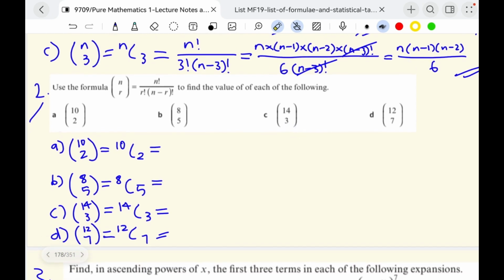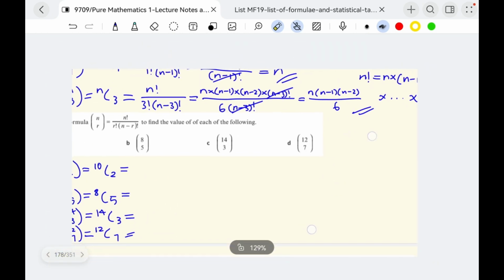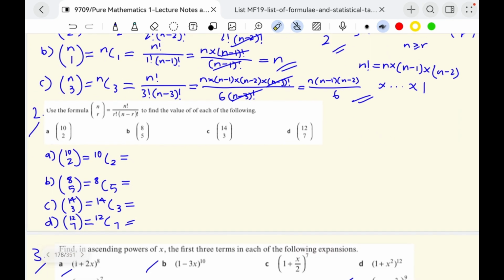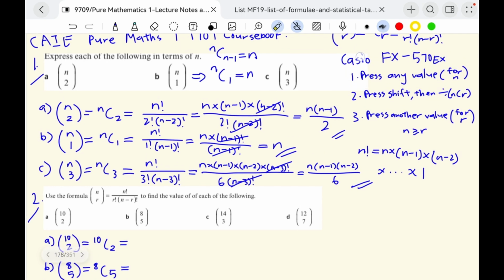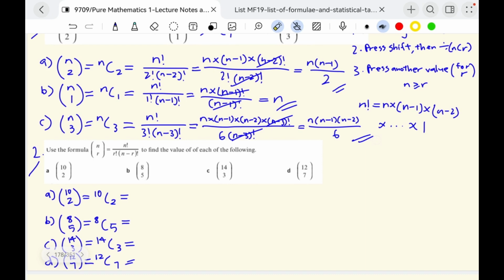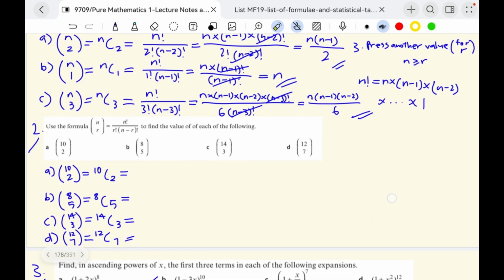So use your calculators and key in any values. Press shift and then the divide sign for the C, and then press the value of n and the value of r, provided that n is at least r.